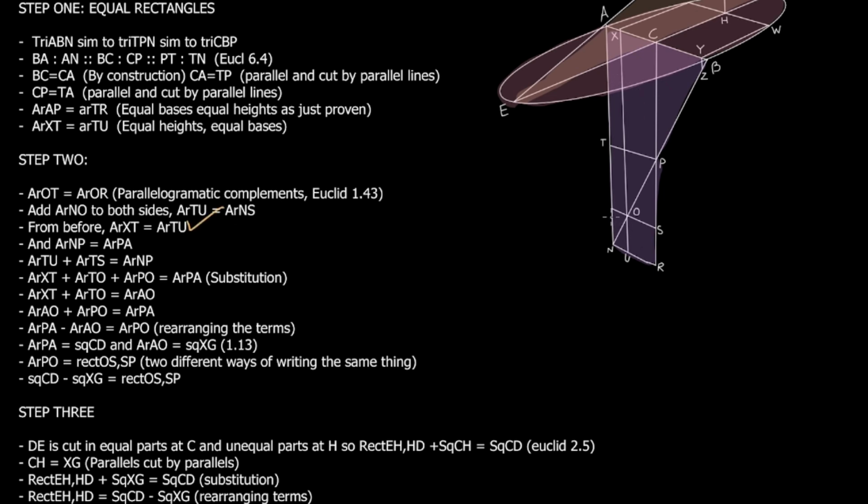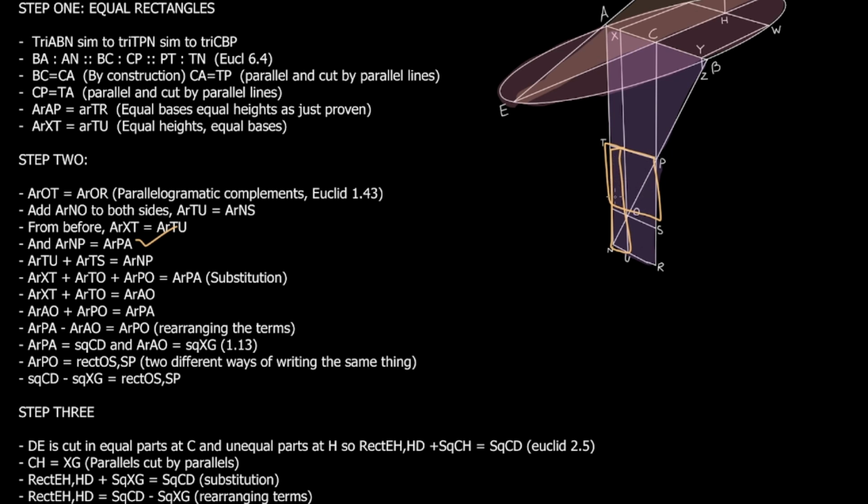So that's NP, PA. Oh yeah, we proved that before. So area TU plus area TS is equal to area NP.